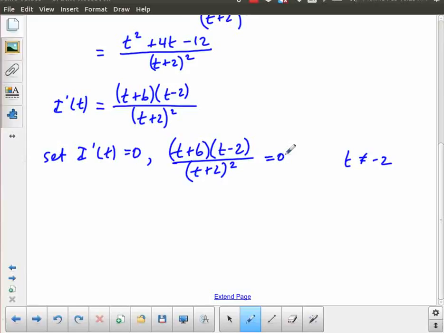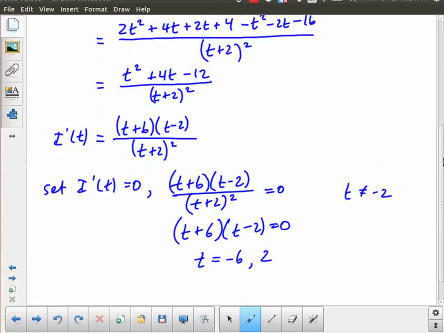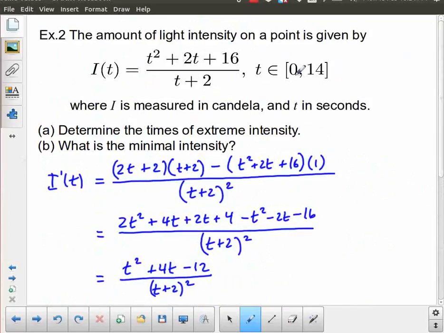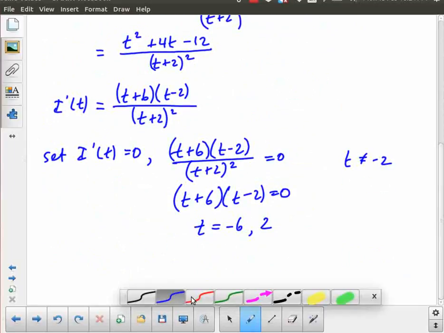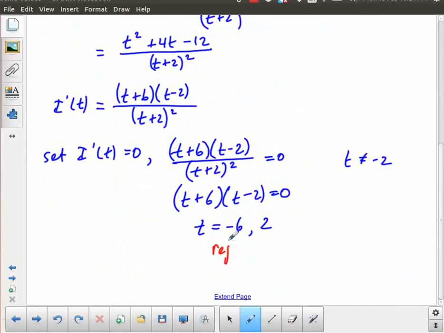So I'm just going to cross multiply that out, and I end up with t plus 6 times t minus 2 equals 0. So t equals negative 6 or positive 2. Those are my two possible solutions. But we're talking about times here, and we remember that our interval is from 0 to 14. And so this negative 6, we reject that solution because it's not in the domain.